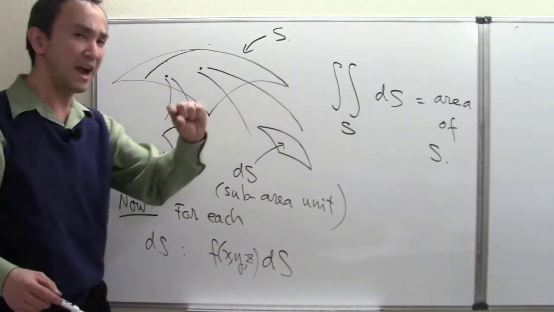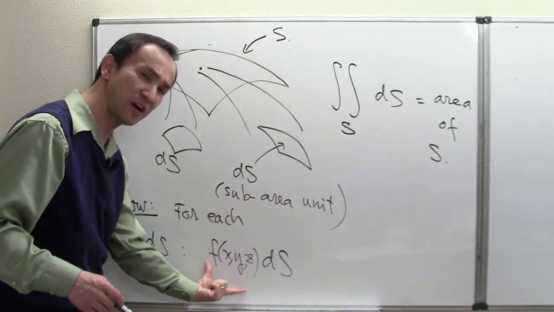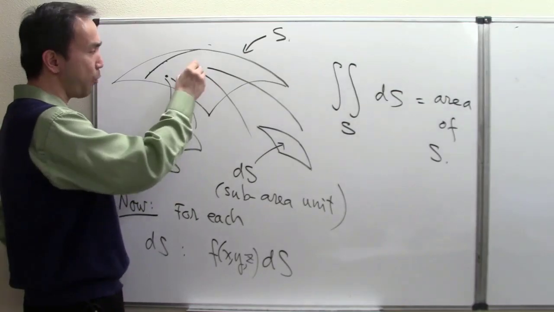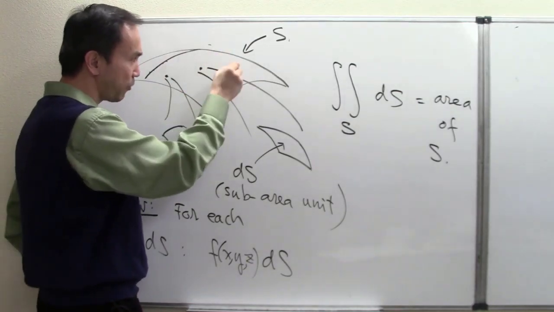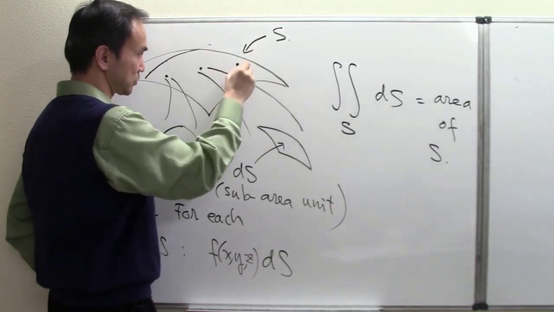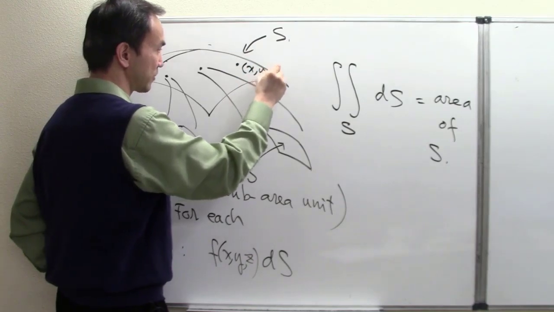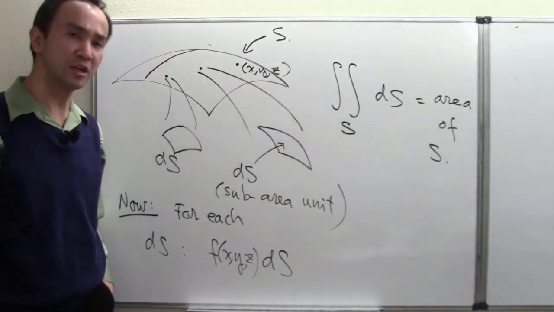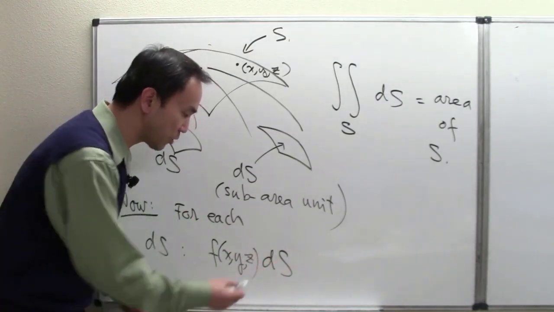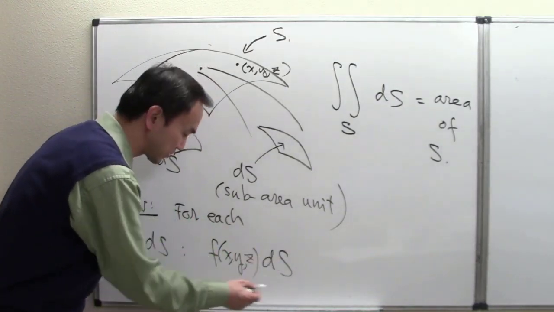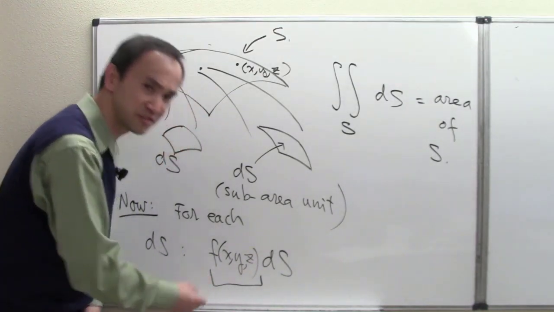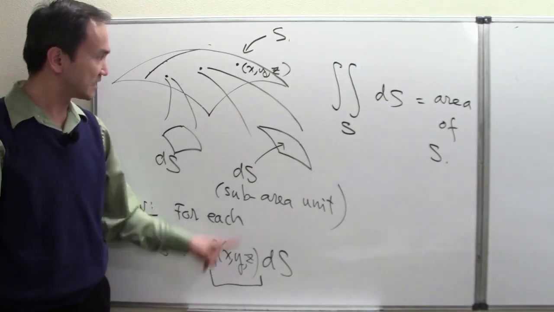And so I have to make a quick remark right here. This function has to be a function of 3 variables. It's because any point on that surface right here is a point with 3 coordinates. And so now we are going to multiply the area on each subunit right here with a function value, some scalar function output value at that given point.